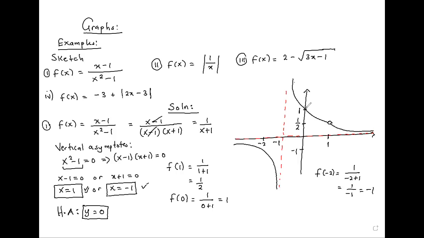How do you know? You put x is equal to 0, you get 1. And then the other side, you have -1. You pick a number less than -1, say -2, so you can know whether it is above or below the horizontal asymptote. So I've picked -2 and you got -1. So it is below the horizontal asymptote like that.